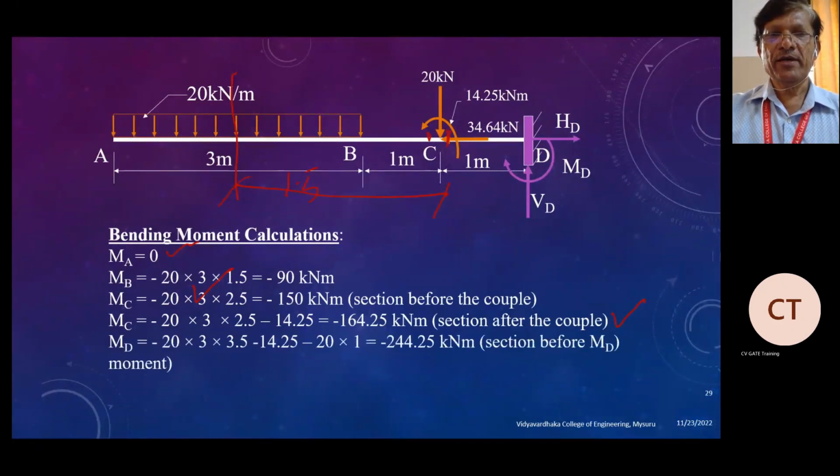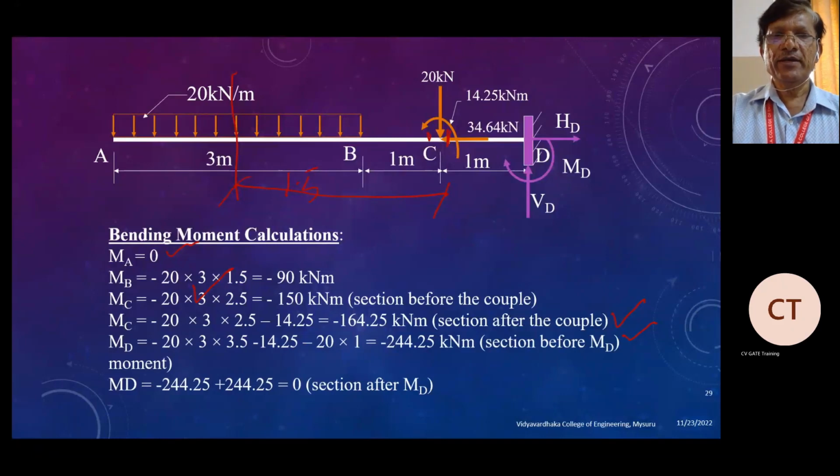So finally, MD is equal to the total moment from this section. You have to calculate all the things, distance into force, all the things will be there. That is the maximum, 244.25 it will be coming. So the moment will be there, and MD finally we'll be getting 0.